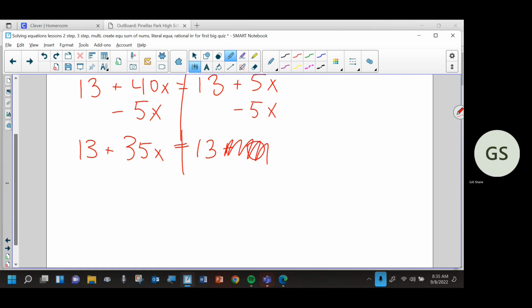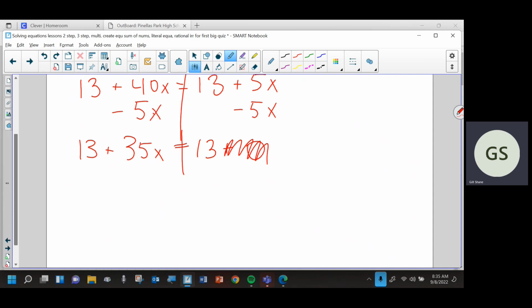Why? It's just a memory thing. That's not a logic thing. Why do we start with that one? So we're trying to get rid of the 13 and the 35. But why did you start with the 35? It's with the variable. So how do you know not to start there?